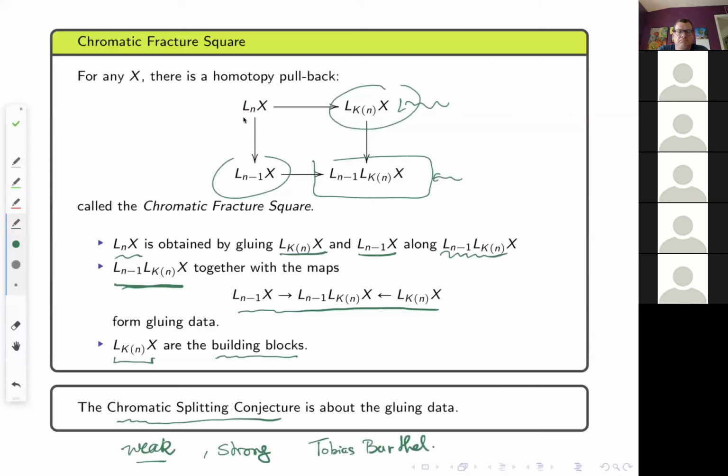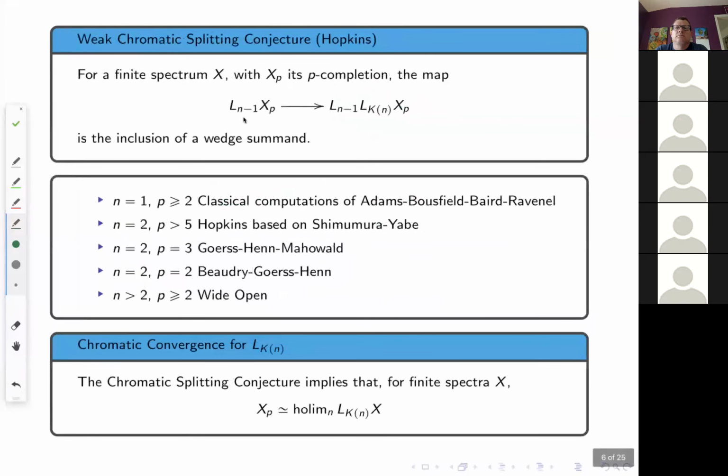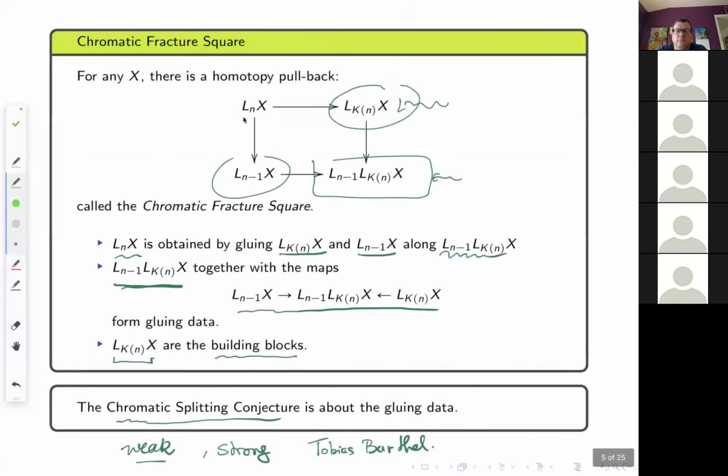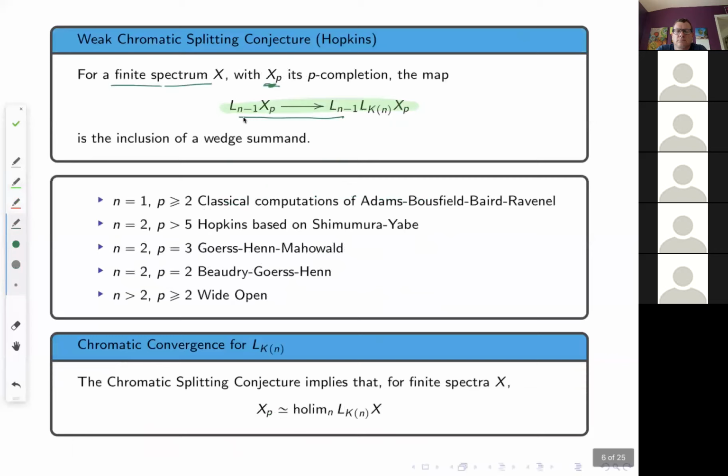That's a place where you can look for other references and learn more about this. Okay, so let's see what the chromatic splitting conjecture has to say about the gluing data. It states that for a finite spectrum X, and we take X_p to be the p-completion, as before, then this map here, the map at the bottom of the fracture square, is supposed to be the inclusion of a wedge summand.